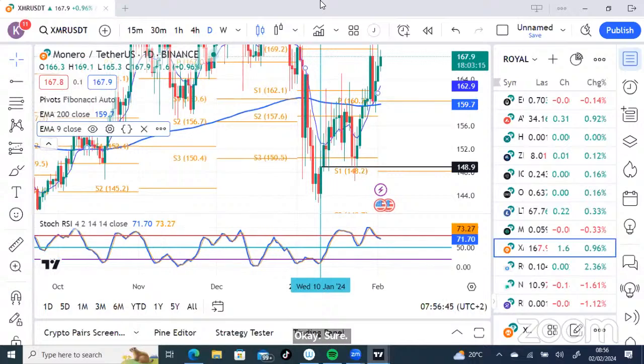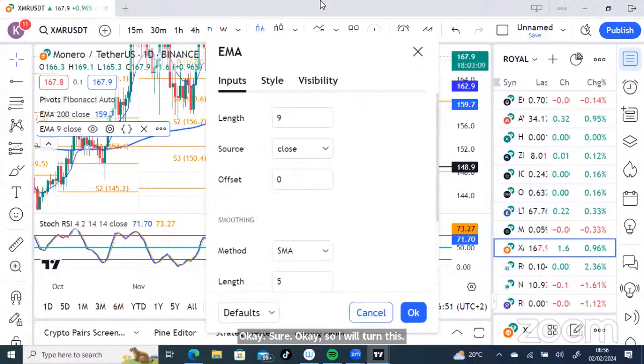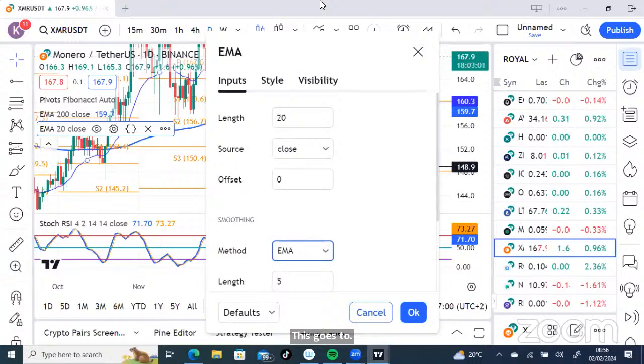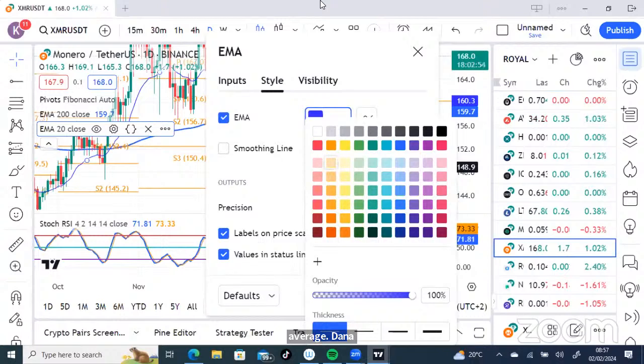Okay, so I will turn this. It's a very nice combination. This goes to a 20, not a simple, but an exponential moving average. Then I come here to the color. I'll turn this blue to orange.